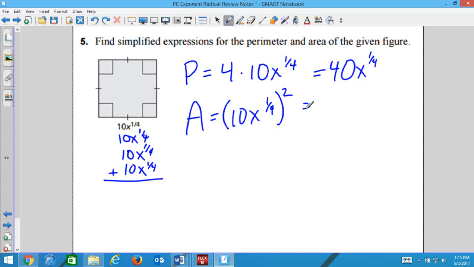So that gives us 100x to the 1/2. Yes, so 1/2. It's multiplying our exponents, so you multiply 2 times the 1/4, which is 1/2.